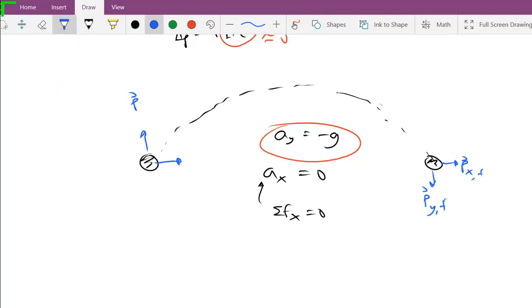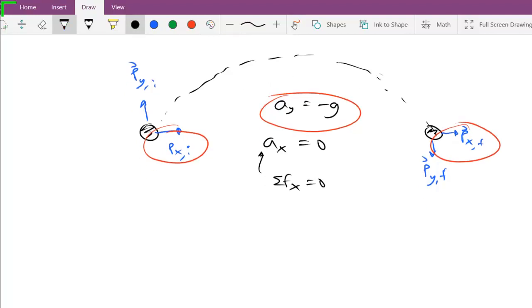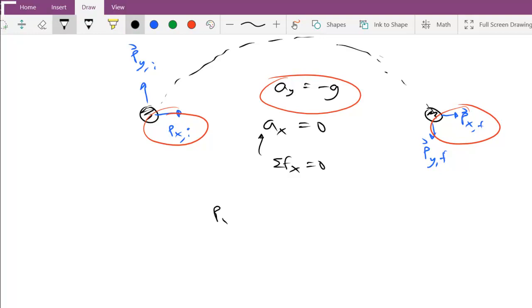This is obviously the y direction, and this is the x direction. Because there were no forces acting in the x direction, momentum is conserved in the x direction. So I can say that momentum in the x direction initial is equal to momentum in the x direction final.